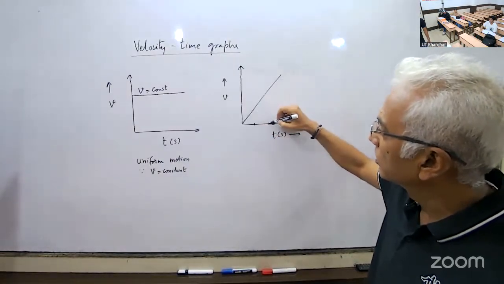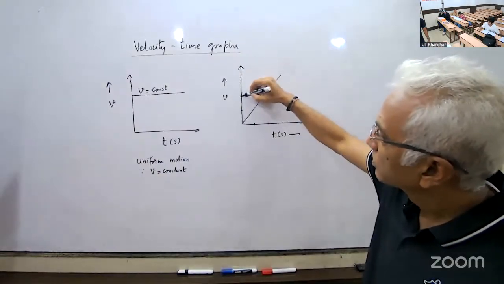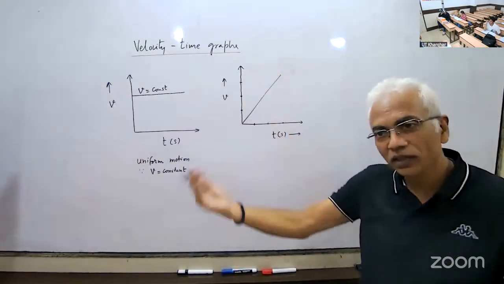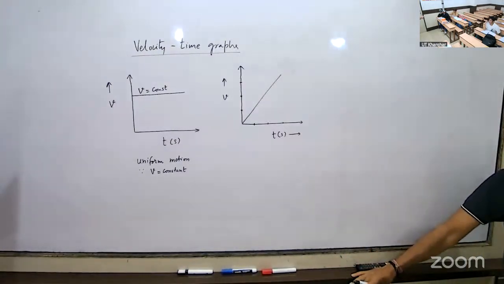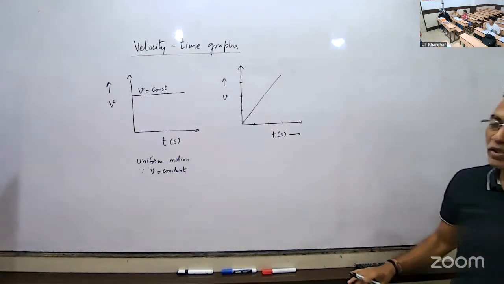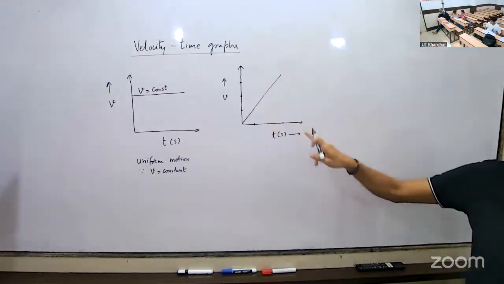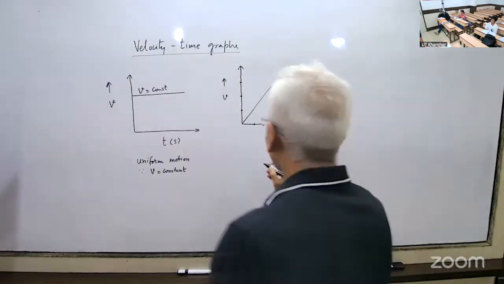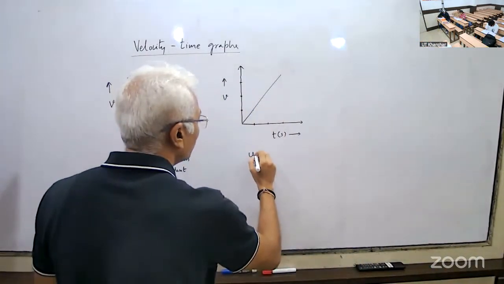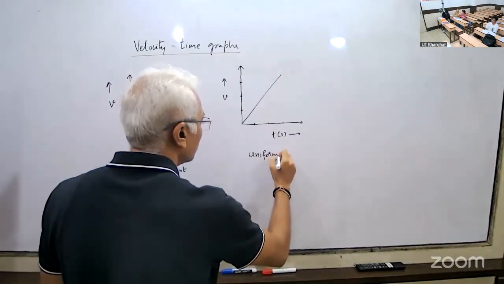With time, is velocity the same or increasing? Increasing. Then how is it constant? How can it increase and also remain constant? Acceleration is. Yes, the slope is constant. What is constant here? The slope. But slope for a VT graph is acceleration. So this is uniform acceleration. Whatever is constant becomes uniform.